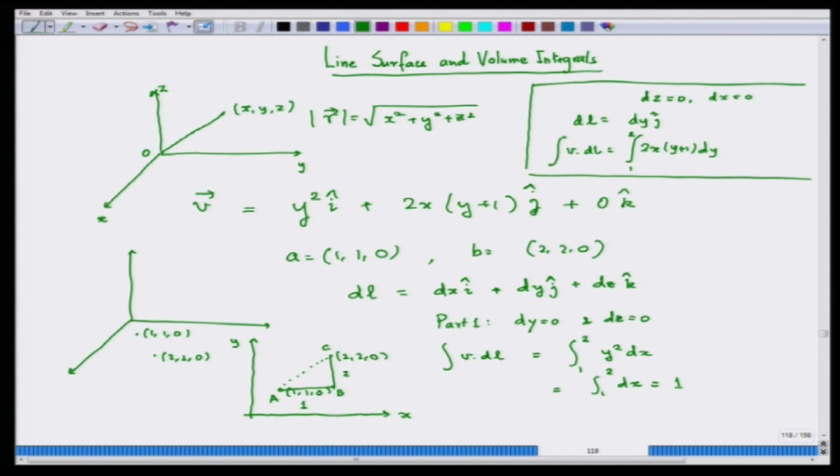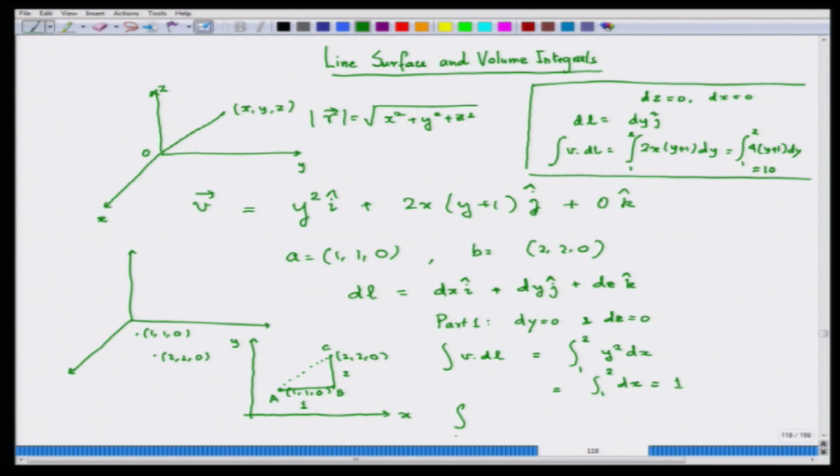But what was my x? x is held at 2. So, when y is changing from 1 to 2, my x value is 2. So, basically I will put the integral from 1 to 2 of 4 into y plus 1 dy, and this will give me the value 10. So, finally, I will add these two things.